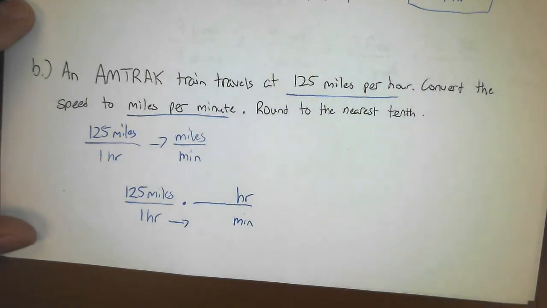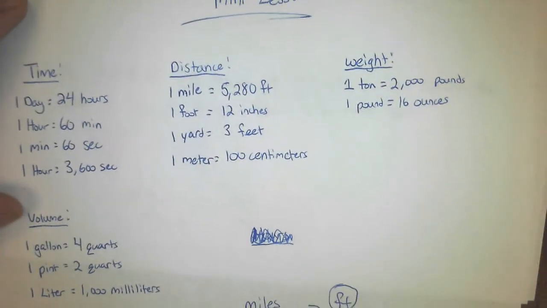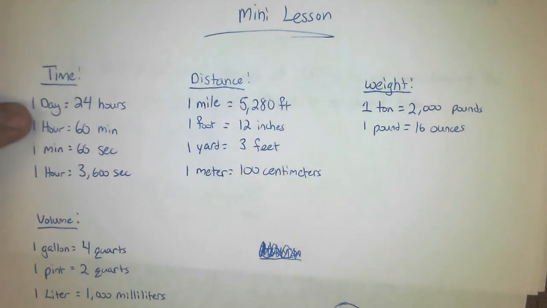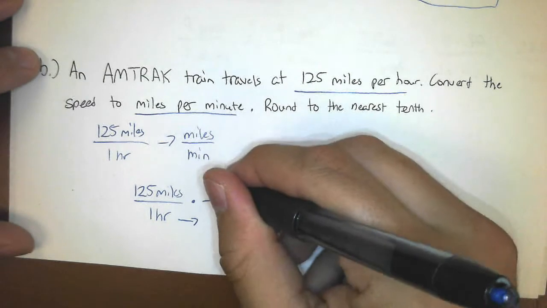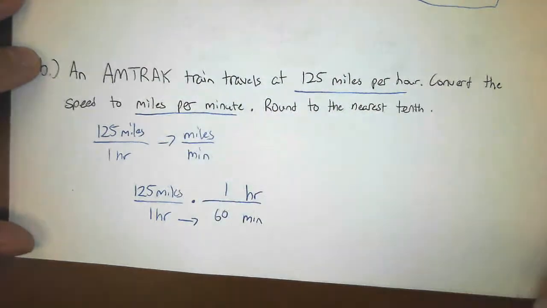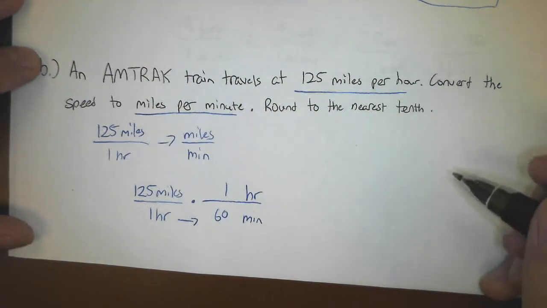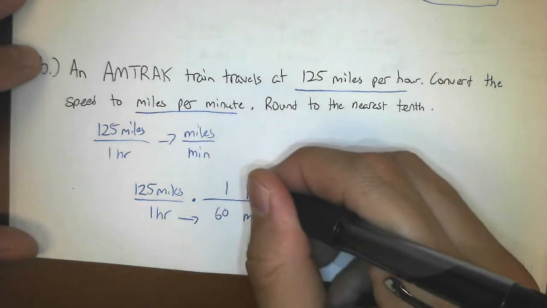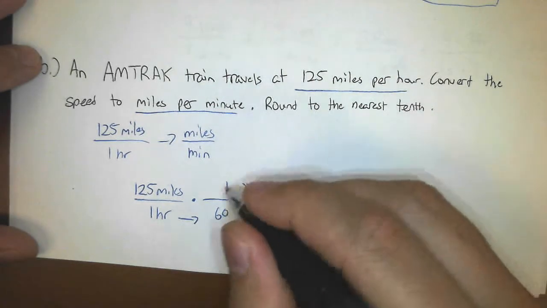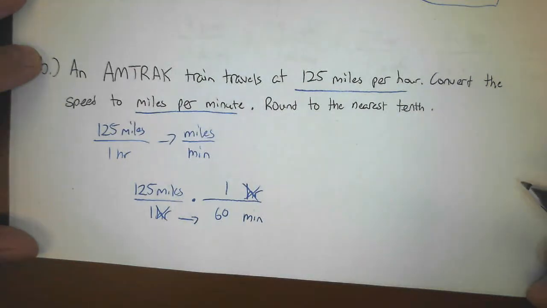If I look at my handy dandy sheet, look at time, 1 hour equals 60 minutes. And plug those numbers right in. 1 hour, 60 minutes. So, looking at that, I've got hours both at the top and at the bottom, so I can get rid of those.